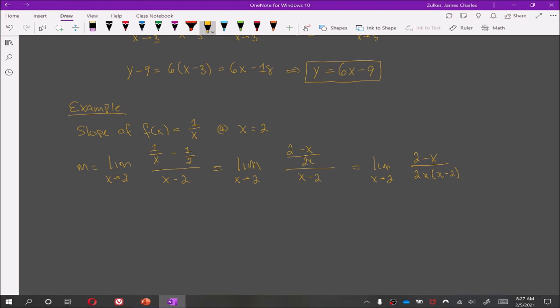Now what we can do is factor out that minus 1. Then we're left with negative 1 over 2x. Limit as x approaches 2, that is negative a quarter.